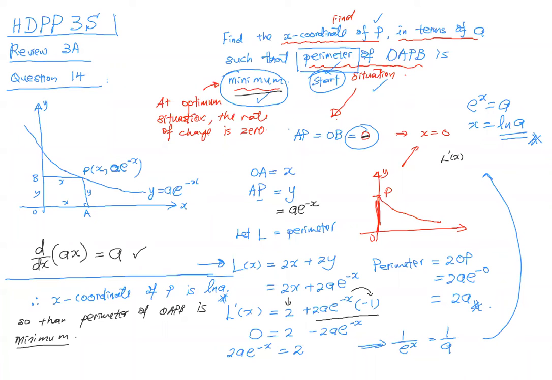You draw a line and then the x coordinate will be ln a. Then the 0 to ln a would be negative, and then after ln a would be plus, positive.